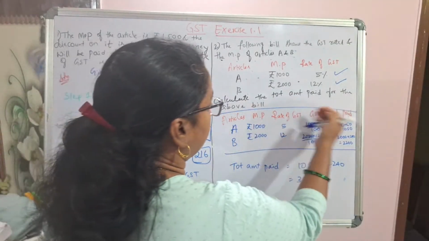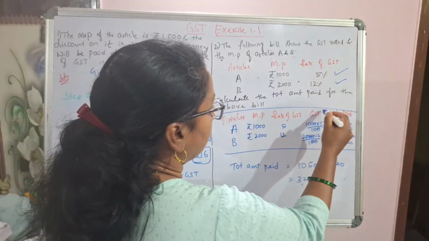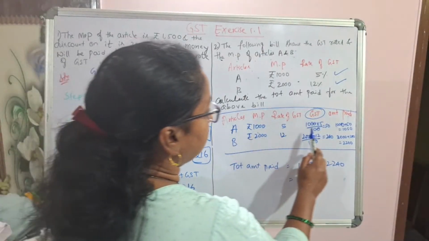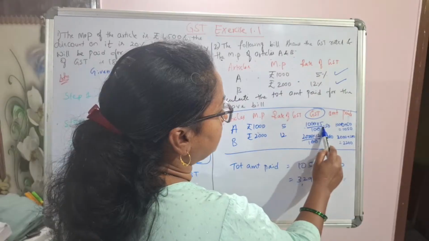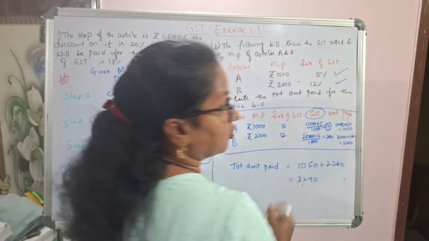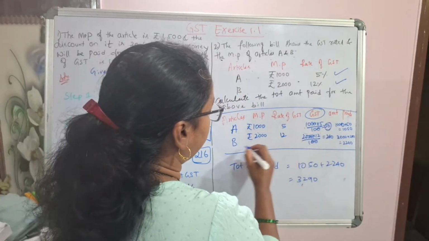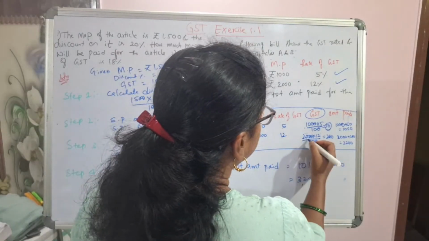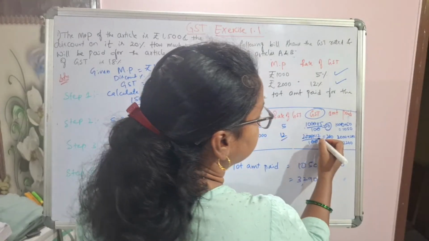To calculate the total amount paid for the above bill, first we have to calculate the GST amount. That is 1000 into 5% of GST they have given. That means 1000 into 5 divided by 100, which is equal to 50 is the GST amount for article A. Same as for article B, the market price is 2000 and the rate of GST is 12%.